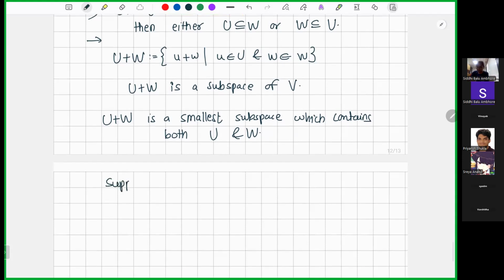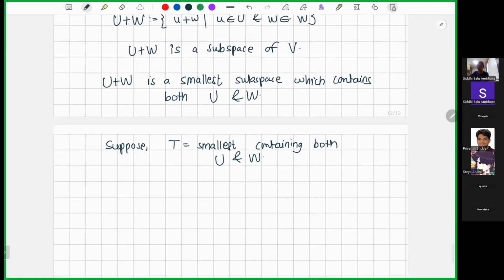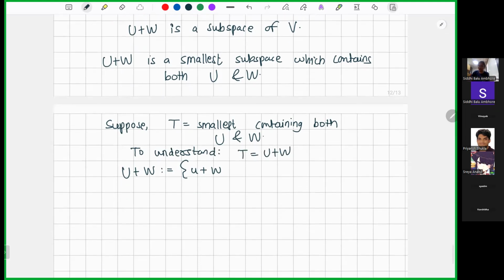So suppose we have this T, which is the smallest subspace containing both U and W. What I need to show, or to understand, is that this T is actually U plus W. So what is this U plus W?